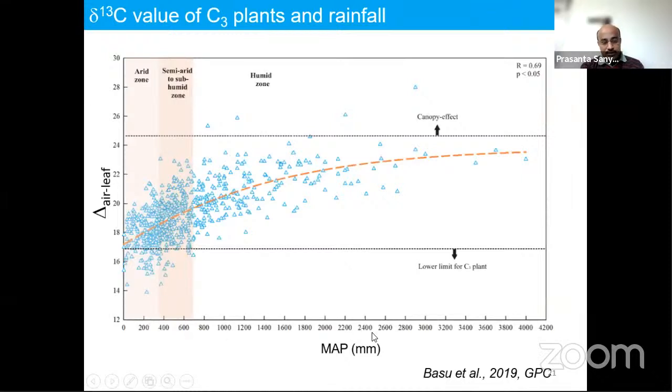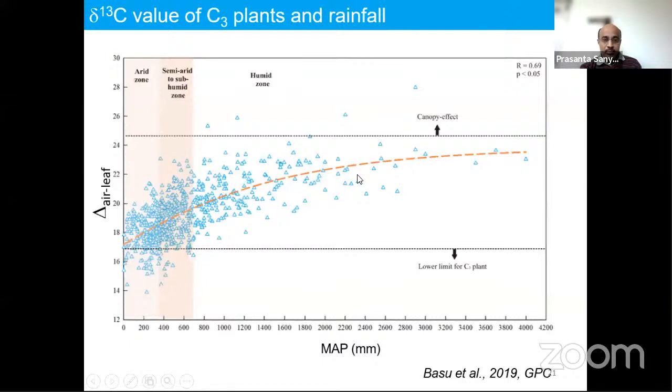In the horizontal axis, we have plotted the mean annual precipitation. You can see that in the lower zone of mean annual precipitation, the discrimination value is high. Once you cross around 1600 millimeter, the discrimination value flattens out. So the response is not that high.